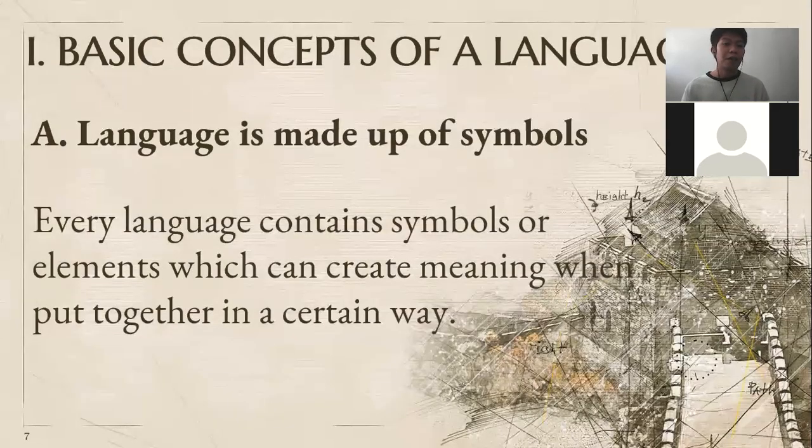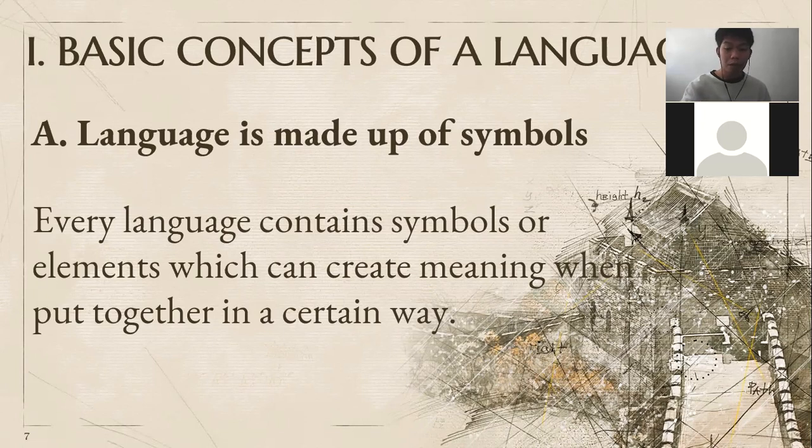Okay. So there are basic components of a language. First is language is made up of symbols. Every language contains symbols or elements which can create meaning when put together in a certain way. In verbal communication, it involves the use of language, which is made up of symbols.